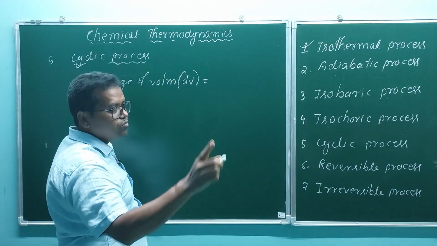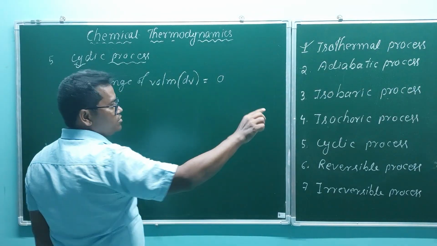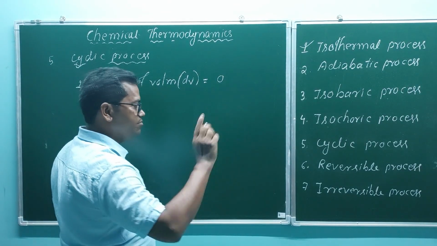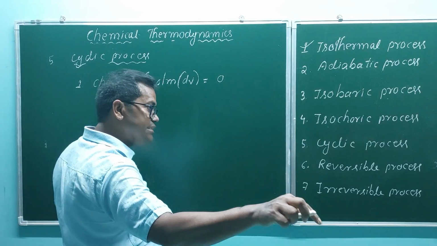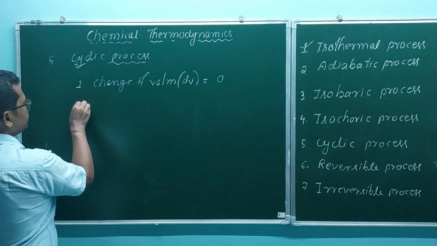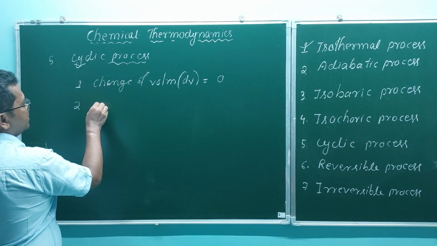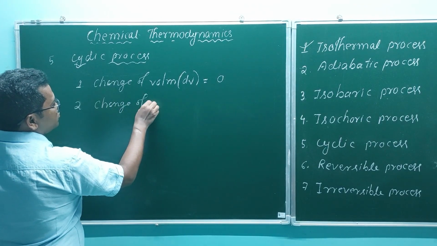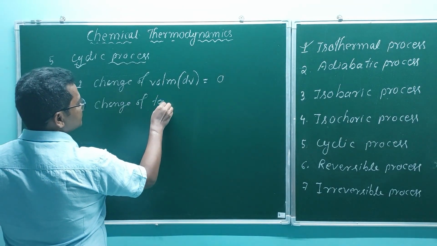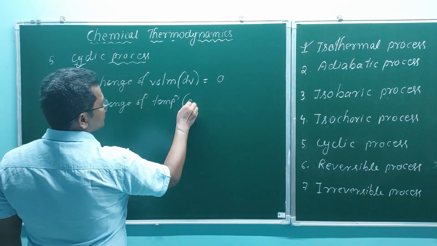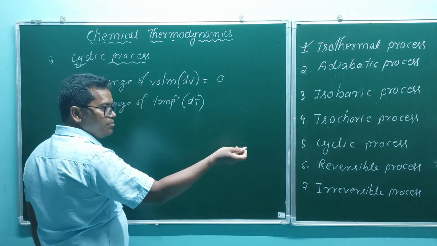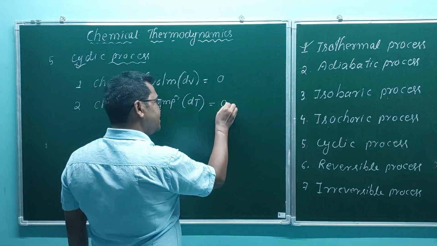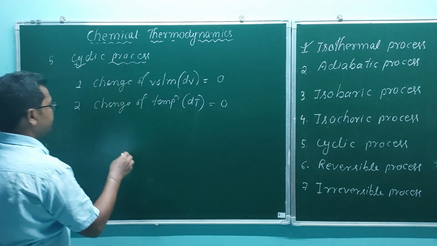Is there any change of volume? No, because initial volume and final volume are the same, because the system returned to the same initial state. Change of temperature. Is there any change of temperature? No, because it will reach the same initial state.